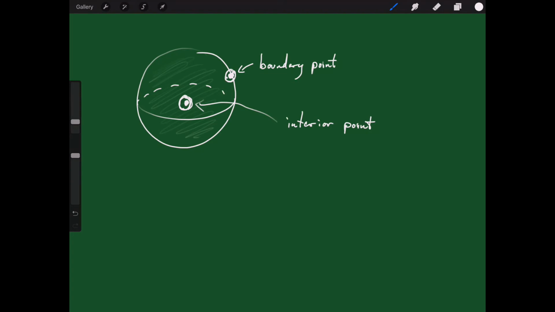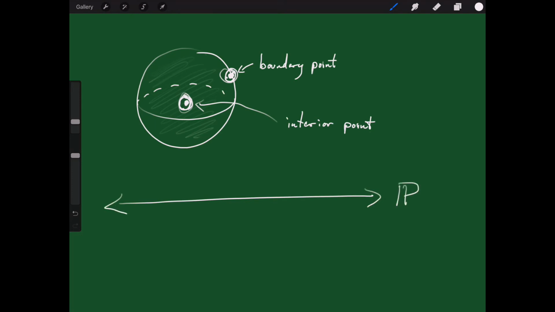Okay, so we can talk about a boundary point for an object in space, and we can talk about an interior point for an object in space. So, we're very used to dealing with things like open and closed sets on the real line.